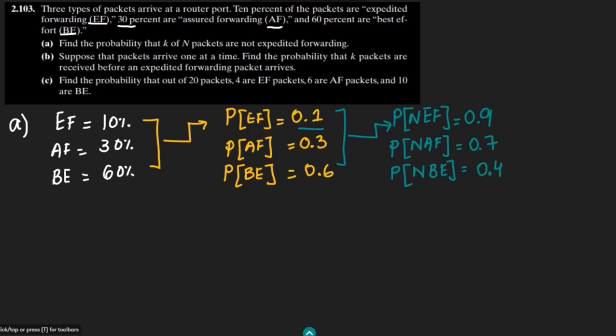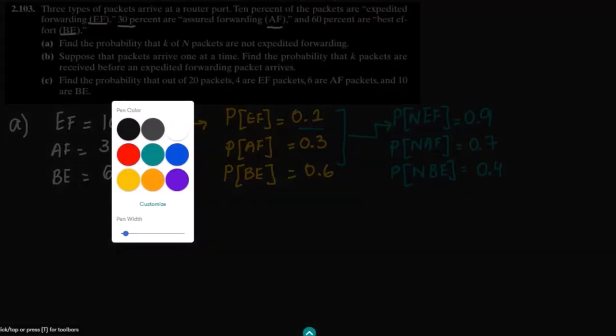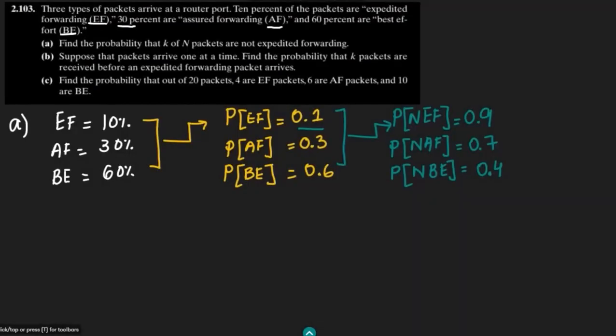Now we have this given data, so let us talk about part A of this question. Here we have to find the probability that K of n packets are not expedited forwarding. We have n packets in total, and out of these n packets, K should not be expedited forwarding.